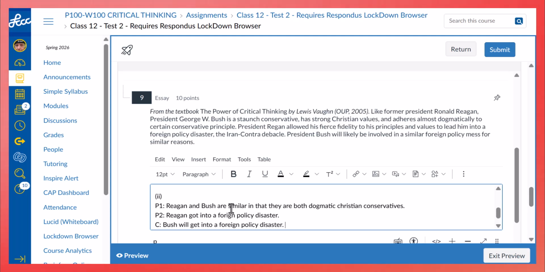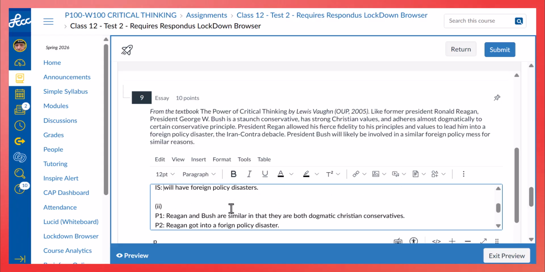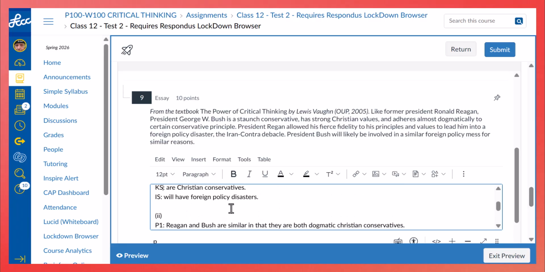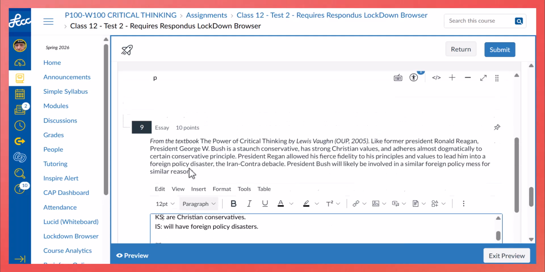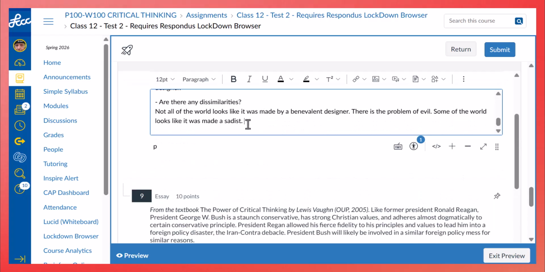Okay. Now, for part 3, the evaluation. Oh, and I didn't put up an overall evaluation for the previous one. But I'll say overall mixed.